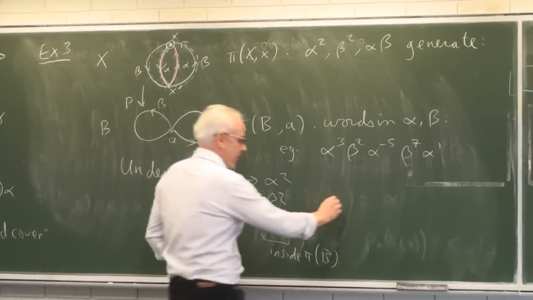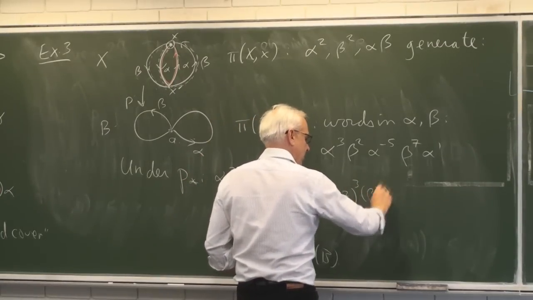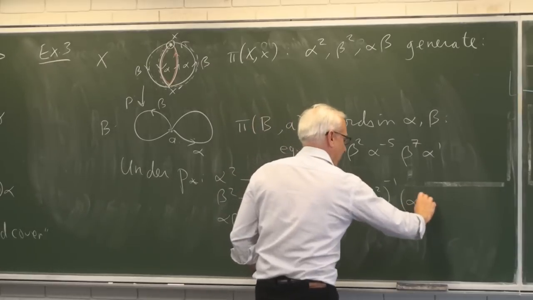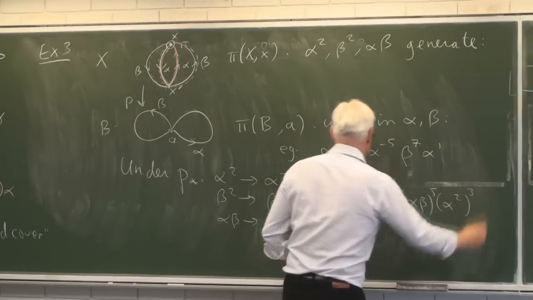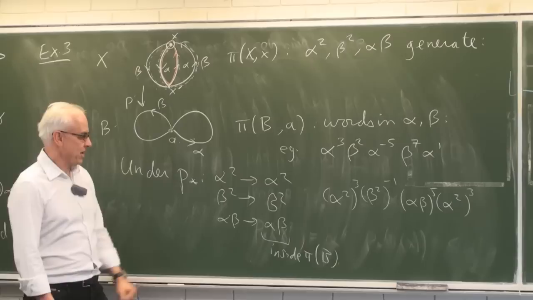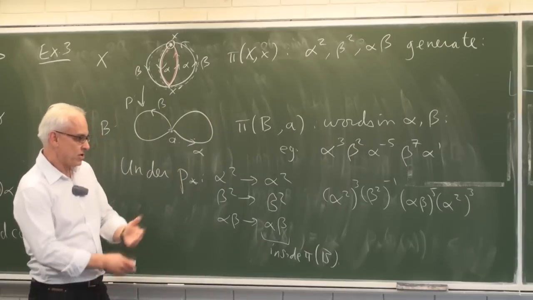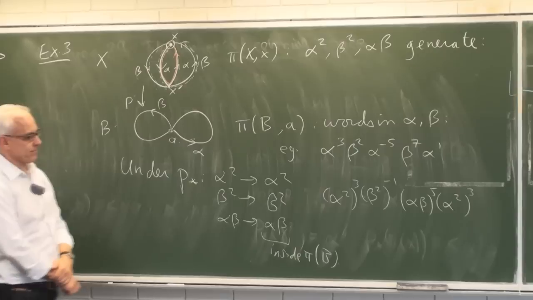Things like alpha squared cubed, beta squared to the minus 1, alpha beta to the 5th. That's a word in pi of b, which is a special word. It's in the image of this group.